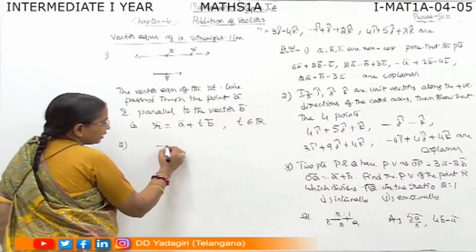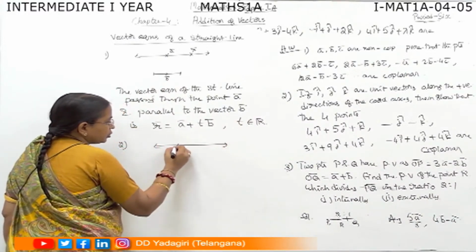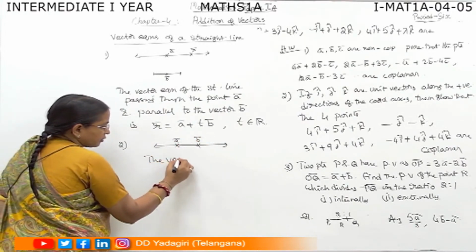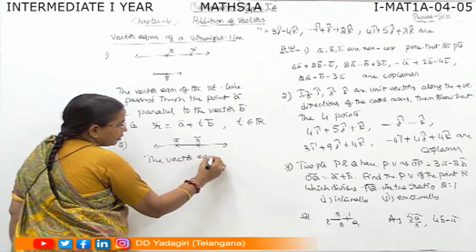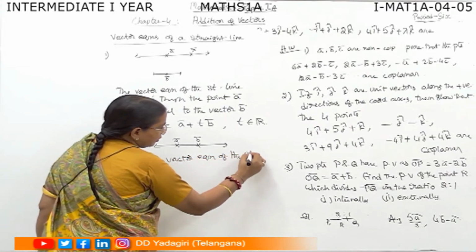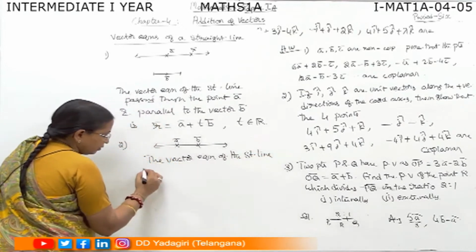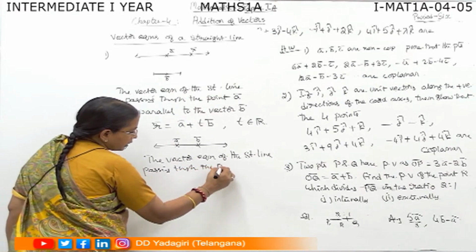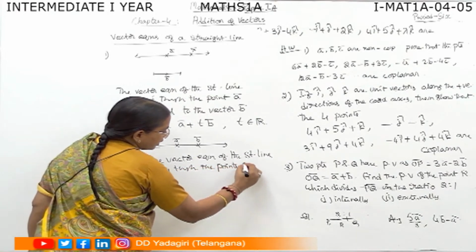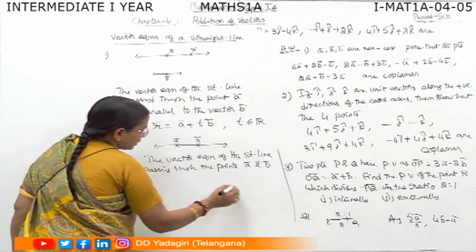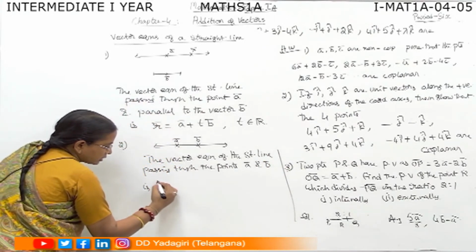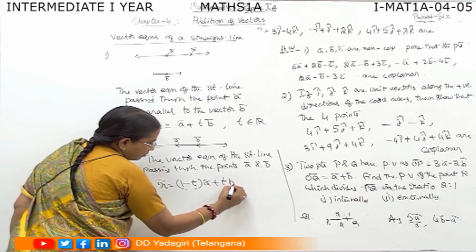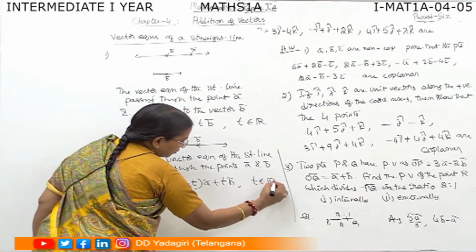Next is the vector equation of a line passing through 2 points A and B. Learn these equations by heart. The vector equation of the straight line passing through the points a and b is r equal to 1 minus t into a plus tb, where t is some real number.